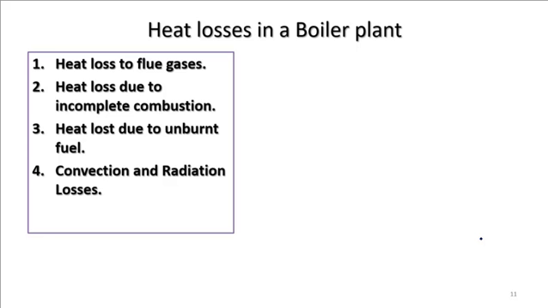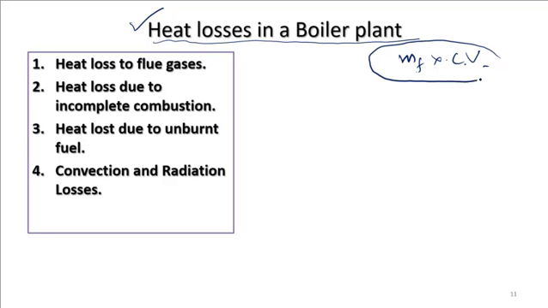Heat losses in a boiler plant. So in a boiler, the amount of heat produced in the furnace is mf multiplied by CV. This whole quantity of heat is not absorbed by the water or steam.